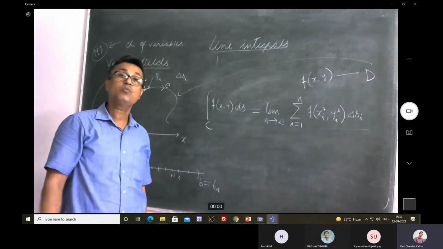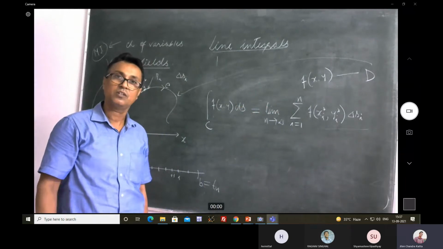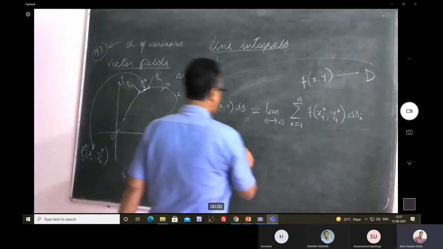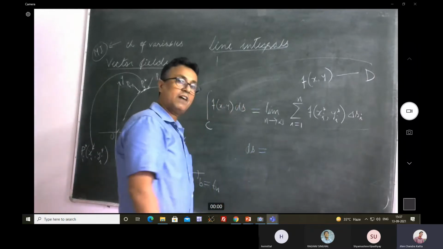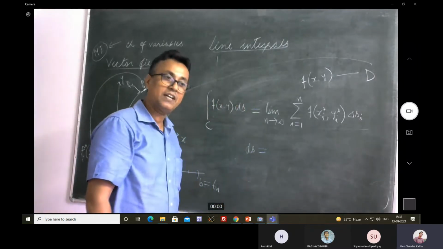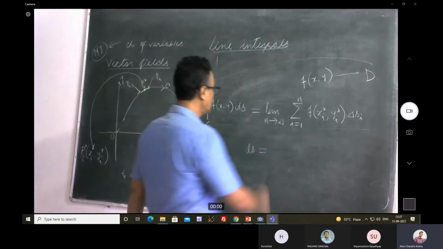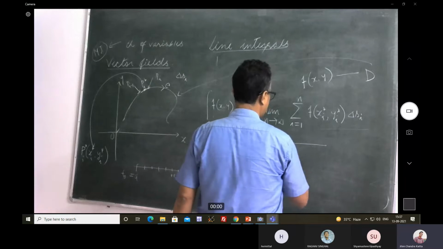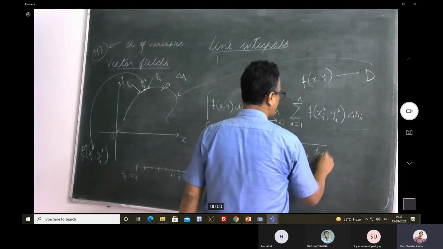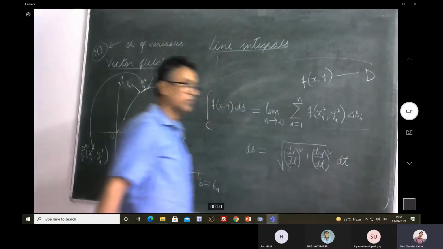And you know from the concept of differential, we already defined your arc length function. If you recall, your ds, expressed in terms of x and y as functions of the parameter t, was simply the square root of dx by dt whole square plus dy by dt whole square, dt, right?